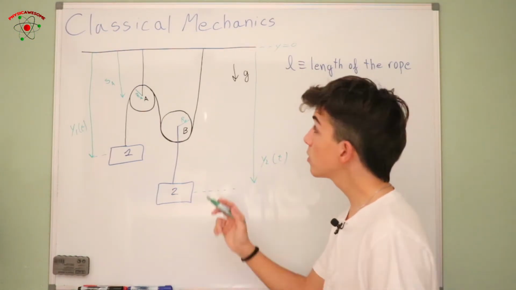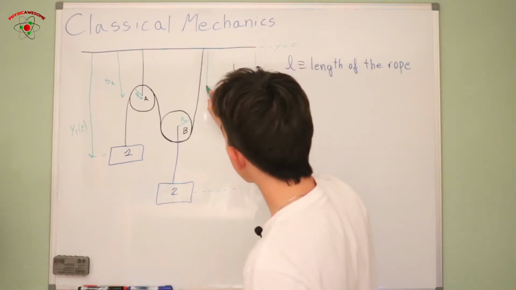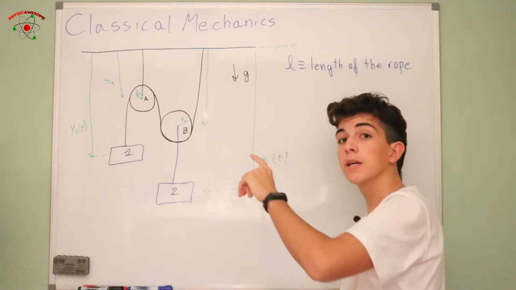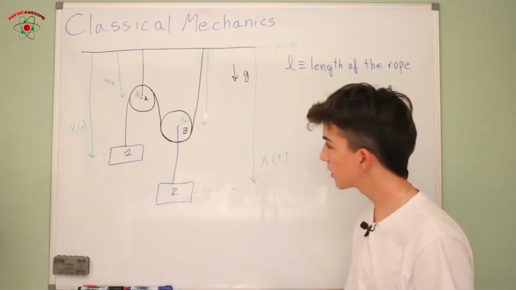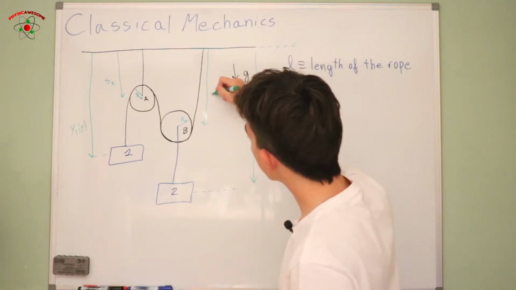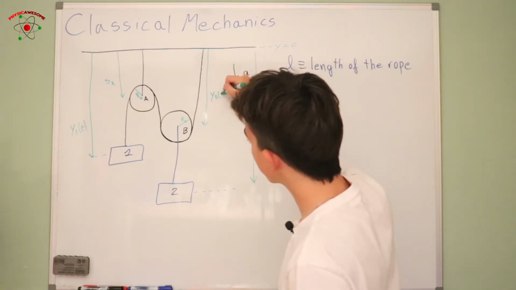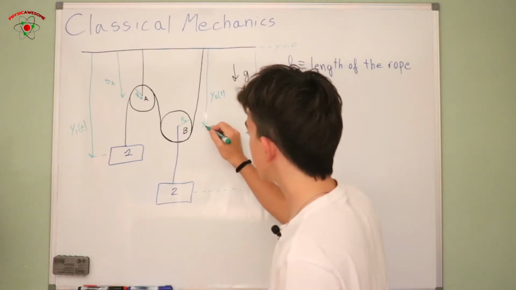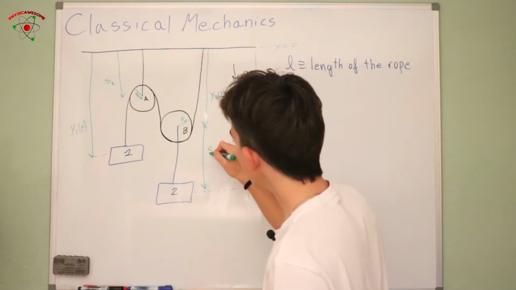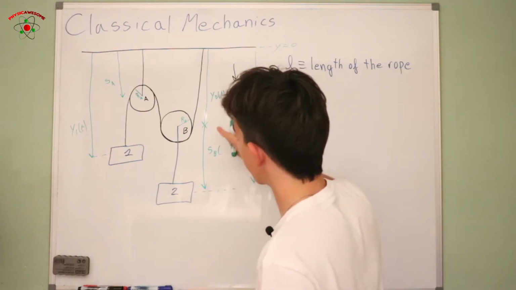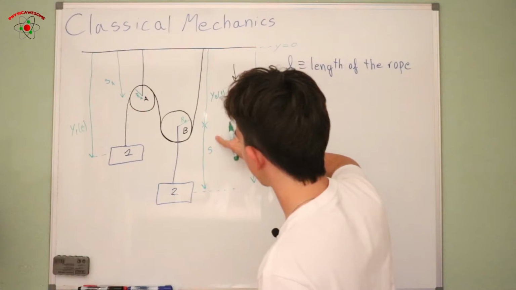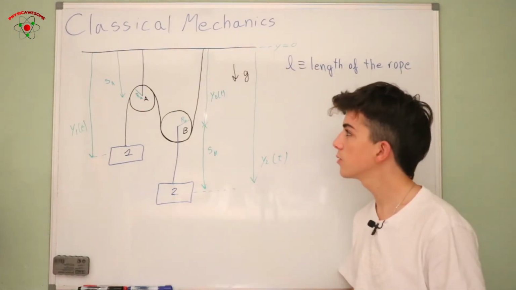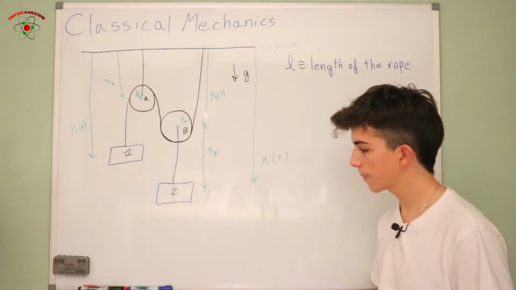Once again, we will need to have this defined, but note that the position of B does change in time. Therefore, we'll have to have a variable yb of t denoting it. And finally, we just have this SB, which is the distance between these two variables.